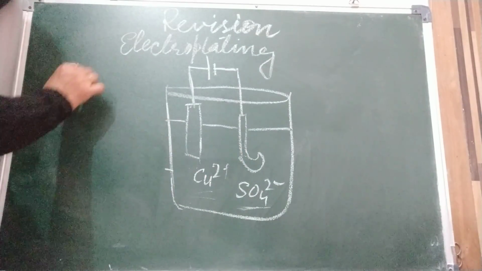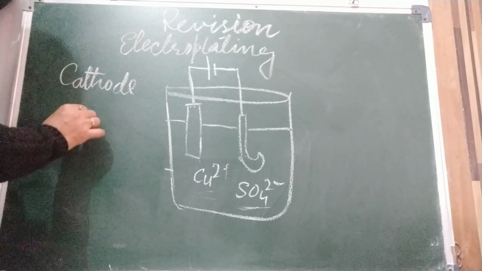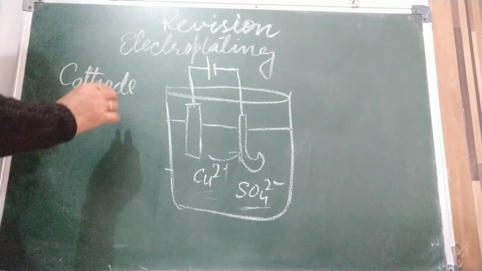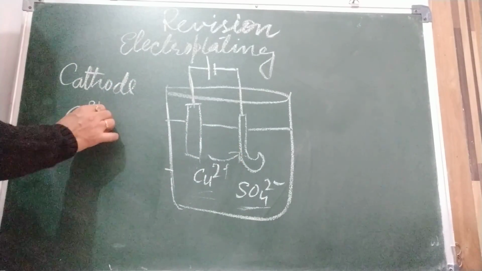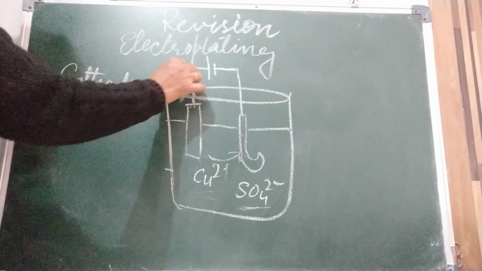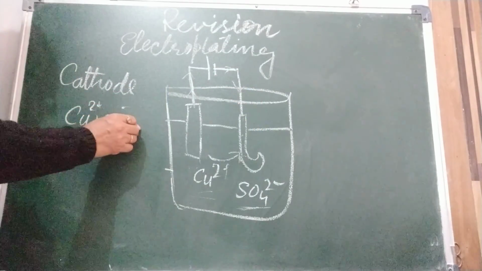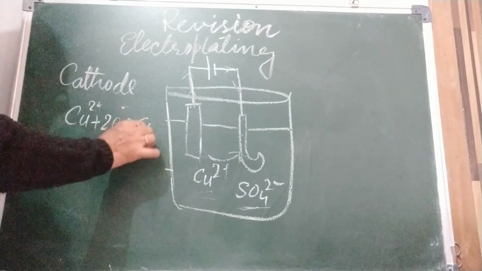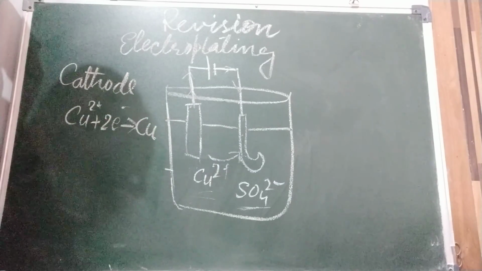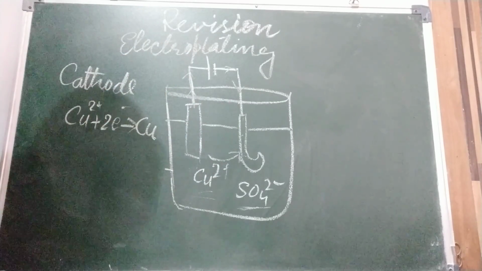What happens at the cathode? The copper ions go to the cathode and take the electrons that are moving in the circuit. They pick up the electrons here and become copper atoms, and this copper atom is deposited on the spoon.